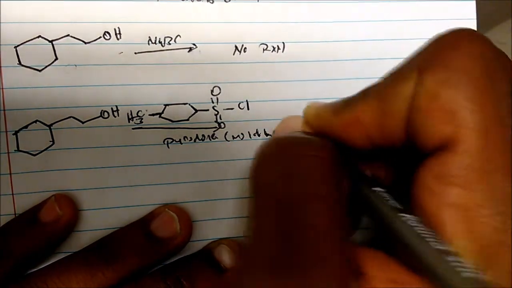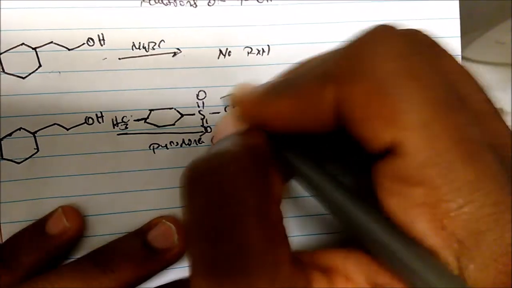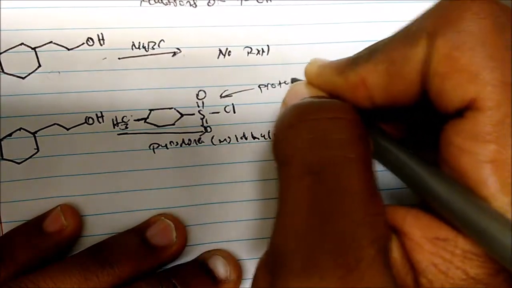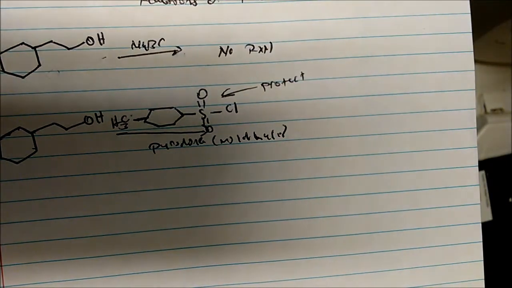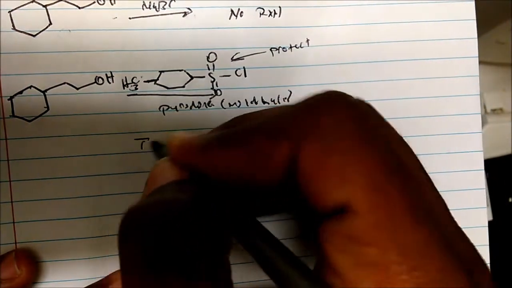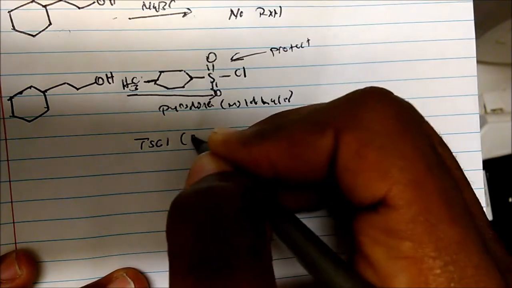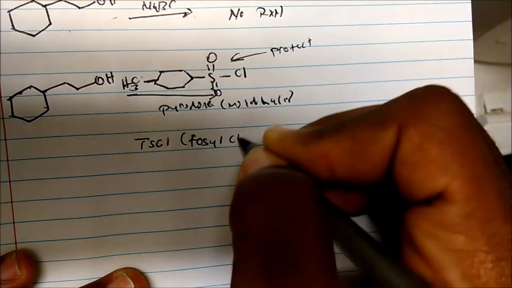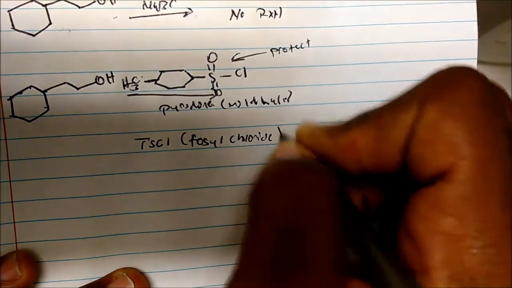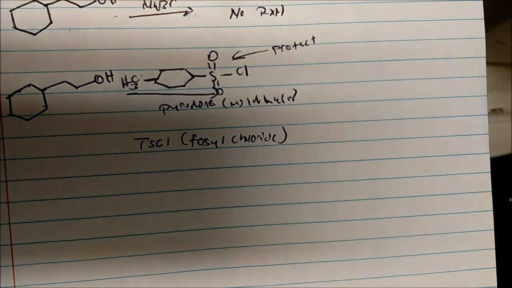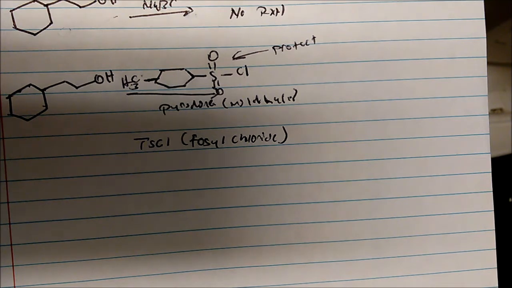What this is, it's a protecting group for alcohols. Usually you'll see it abbreviated as TsCl, or tosyl chloride. This is a protecting group for alcohols, and what it does is that it protects your OH group, and so it makes that group now a good leaving group if you want to perform any reaction.